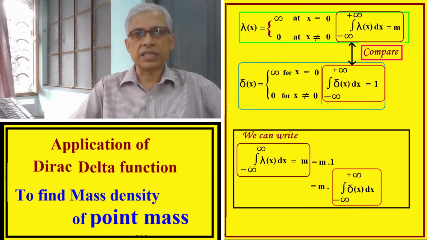Let us consider the integral involving lambda of x dx as integrand, the right hand side of which is m, that is m into unity, and instead of unity we can plug in the expression of unit area under the Dirac delta curve. This is shown in the box with black border.